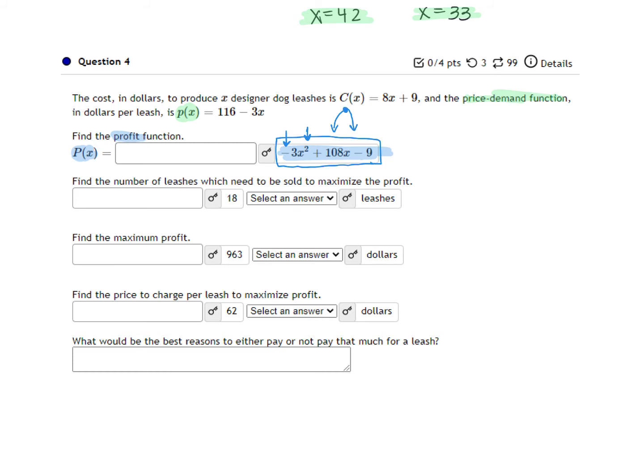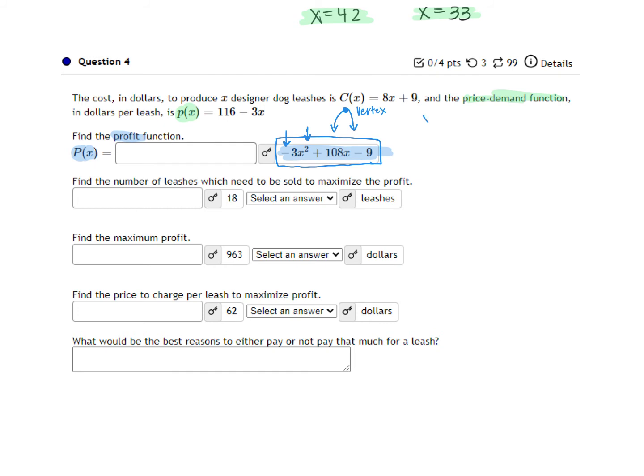If you remember, the value at the very top, or the very bottom, depending on which way your parabola opens, is your maximum or minimum value. That value is represented by what's called a vertex. So the ordered pair there is the vertex. Whenever you see maximize or minimize, they're wanting to know the value of the vertex of the quadratic function.